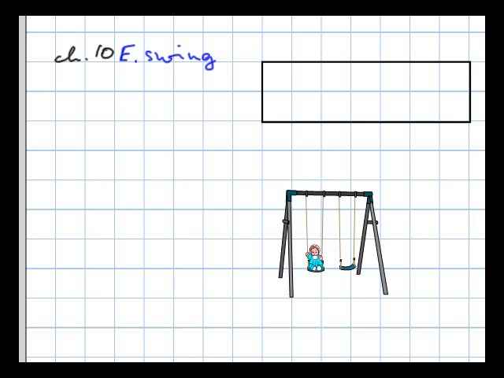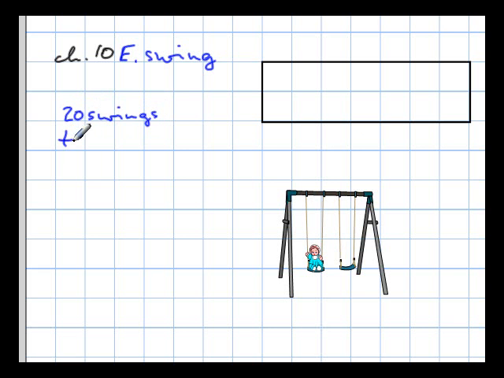Okay, this is the last problem on the pendulum, and I figured I would go to a playground and take my son along and film him, and I posted that video. In the video I counted that he made 20 swings in 58 seconds.